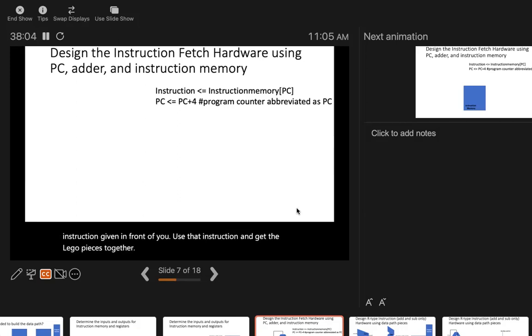Now these are the Lego pieces you have: an adder, an ALU, you have the program counter PC itself, you have instruction memory, in goes the address, and out comes the instruction. And then you have data memory and register file. But using these Lego pieces and the instruction on the slide, please join your Lego blocks together.